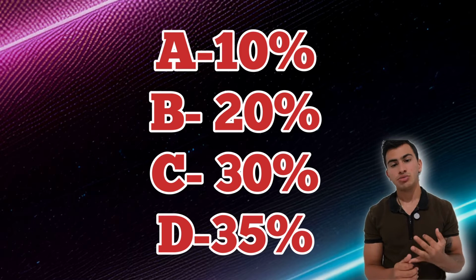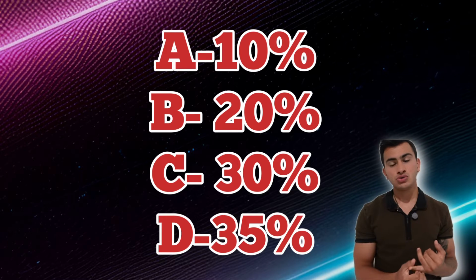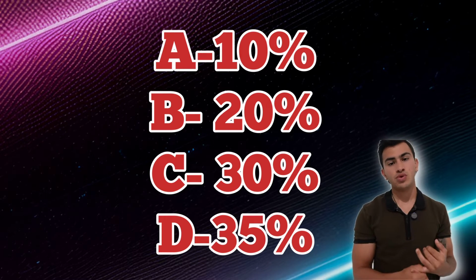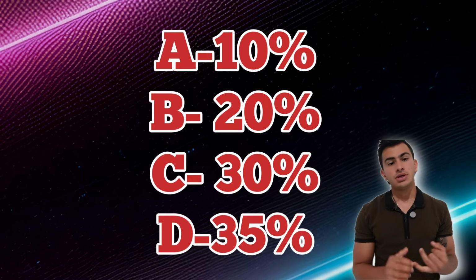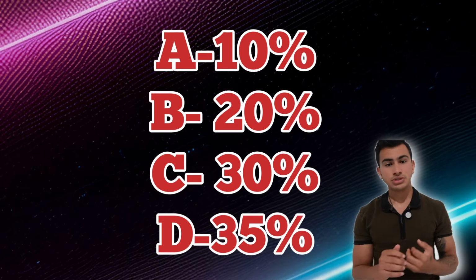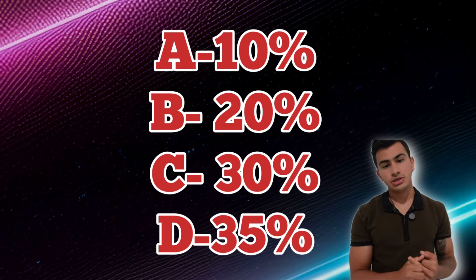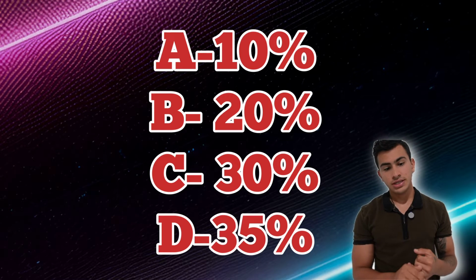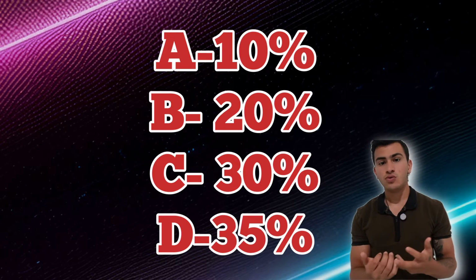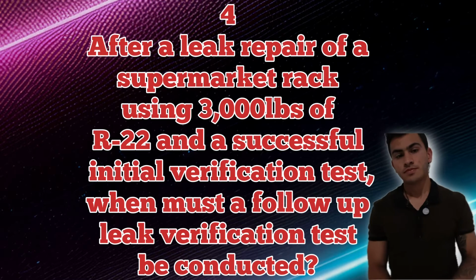In this case, commercial, and commercial is always gonna be 20% leak rate. Comfort cooling is gonna be 10% leak rate, and industrial is gonna be 30% leak rate. So for this question, the answer will be B, 20% leak rate.